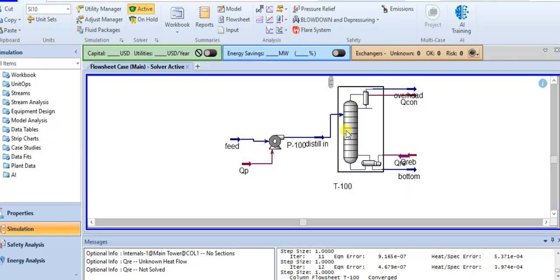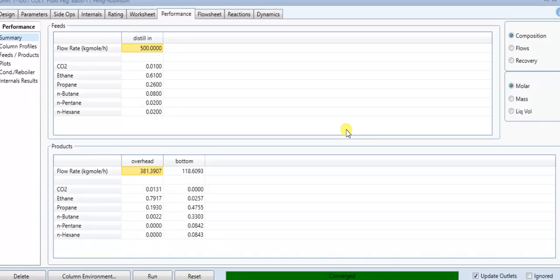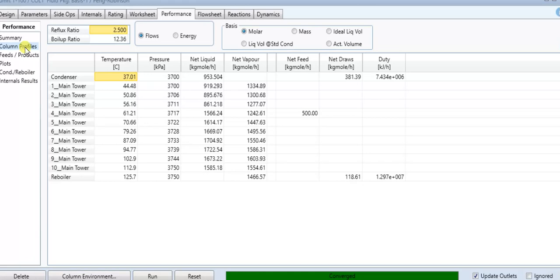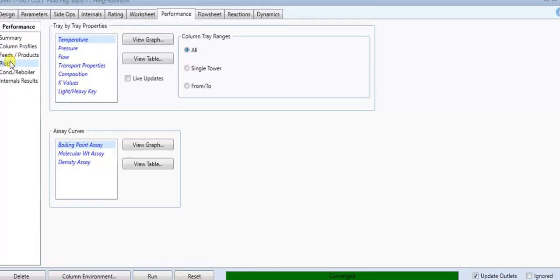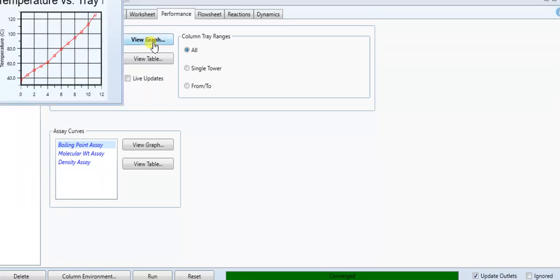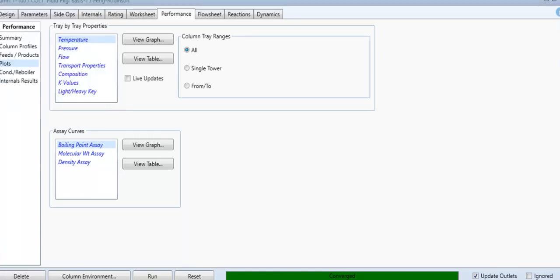Separation is there. Now we need to see the column profile in performance. We can plot the temperature graph. Temperature keeps increasing at each stage, which should be the case. If temperature stays constant, it means that at those stages there is no separation, so we have an extra number of trays.